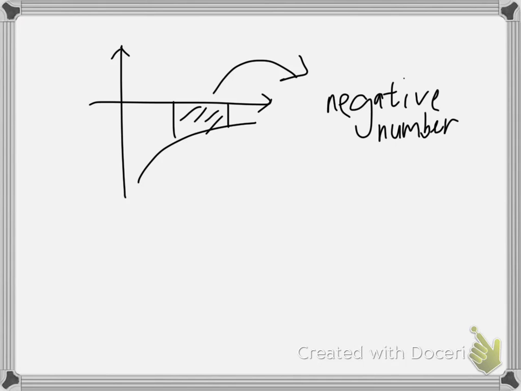Right? But when you do an integration, it will give you that negative number. Yeah? So just for you to understand. Now in here, again, the area under the curve is from the curve to the horizontal axis. So that means it is like that. So that is the shaded region. That is the meaning of area under the curve. Okay? So that name is still the same, area under the curve. Okay?